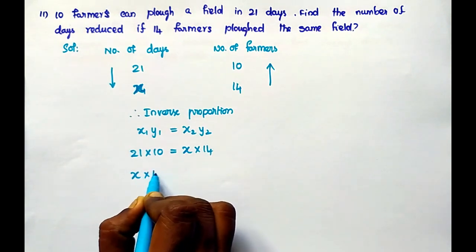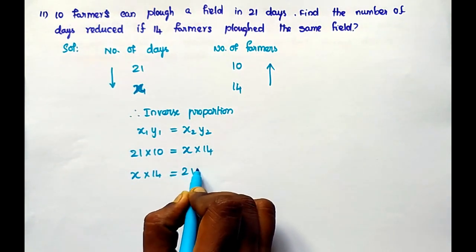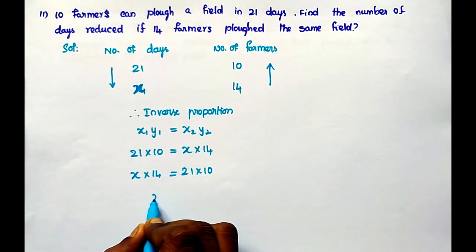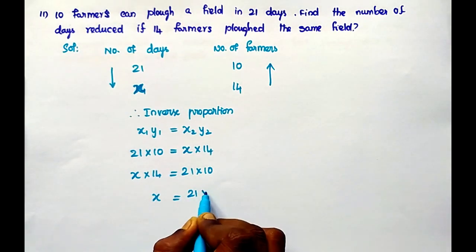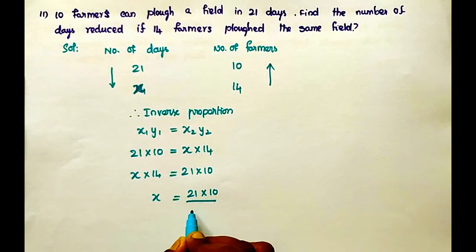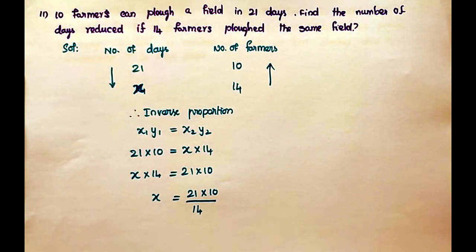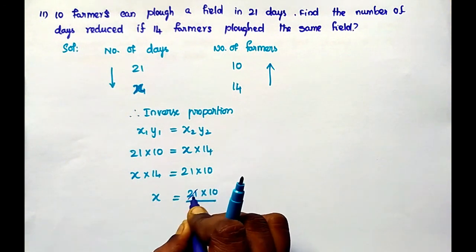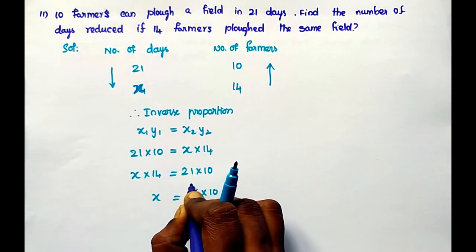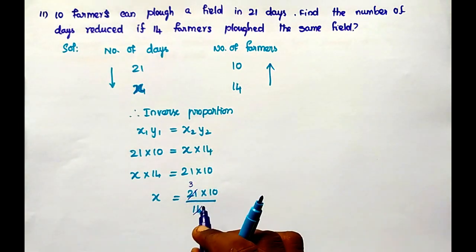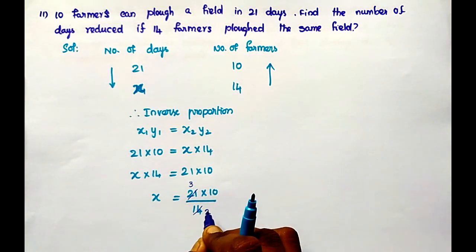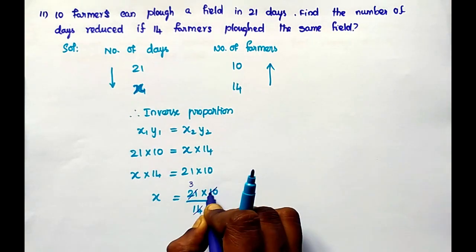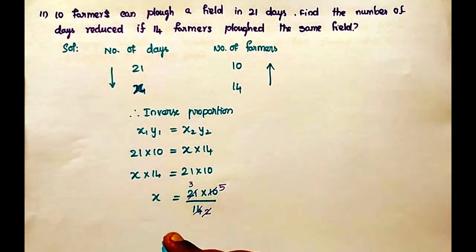Here x into 14 equal to 21 into 10. So x equal to 21 into 10 divided by 14. Cancellation. 7 3s are 21, 7 2s are 14. So we get 3 5s are 15.